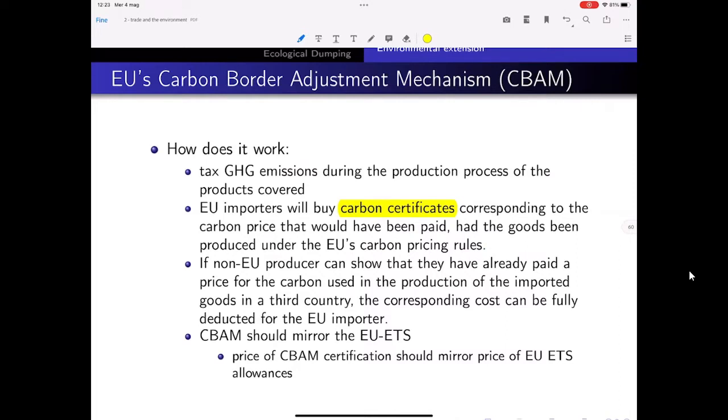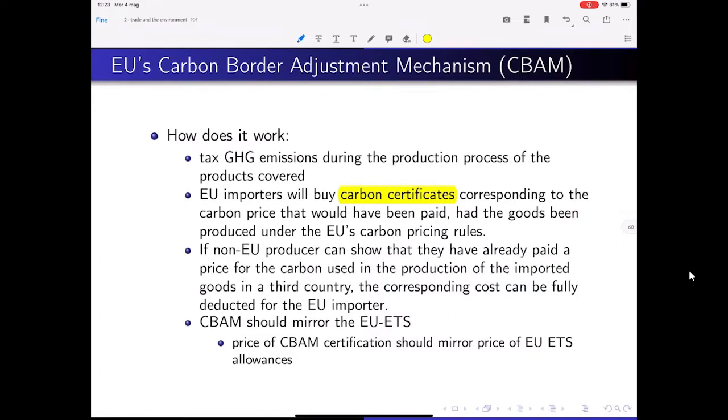If you pay taxes abroad, you're not required to pay them again in the EU. And therefore this carbon border adjustment mechanism should really mirror the EU emission trading system, and the price of these certificates should correspond to the EU emission trading system allowances.